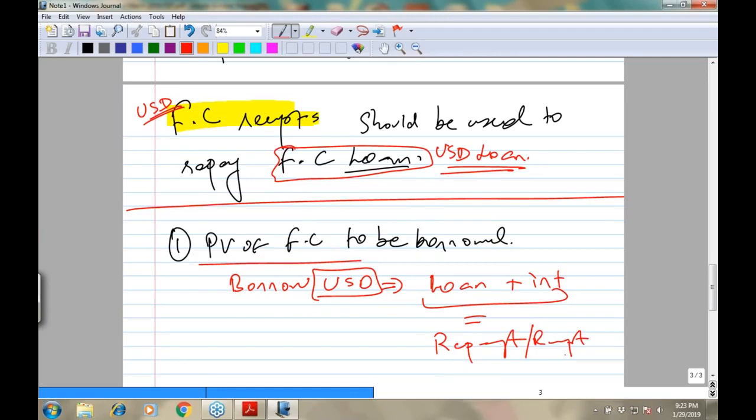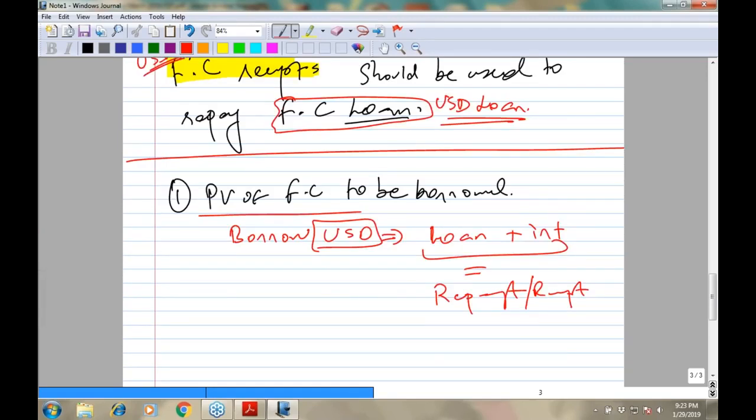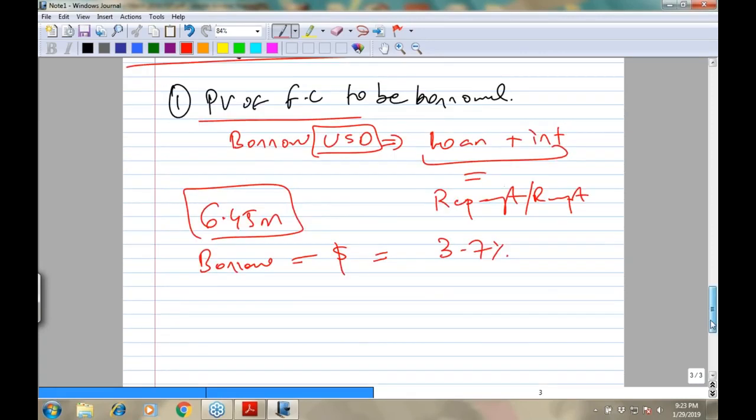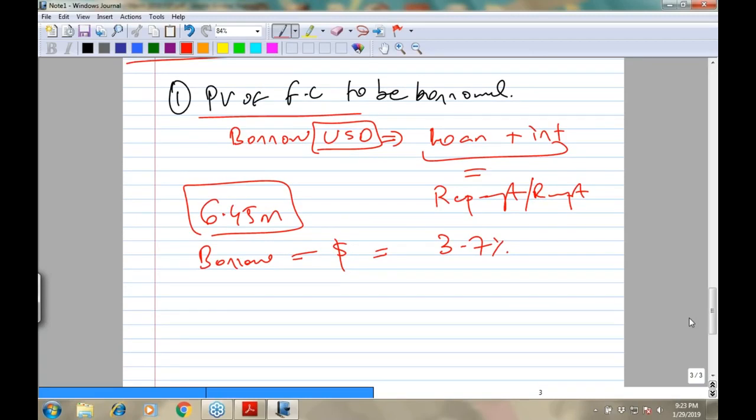We are expected to receive a net 6.45 million. If we can borrow dollars, the interest rate that is available is 3.7%.